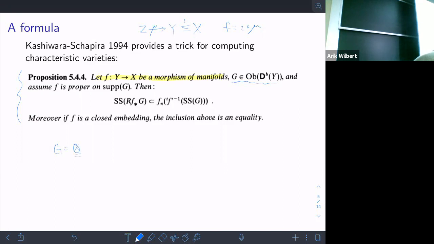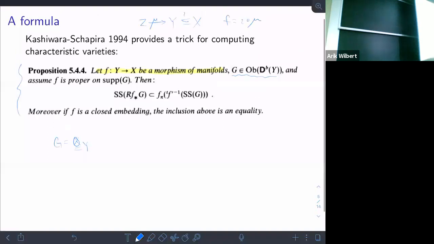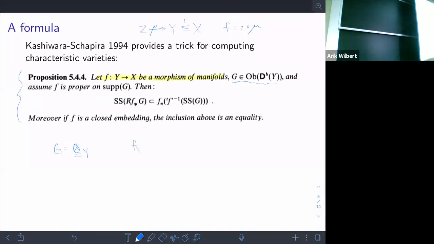That's going to be this notation on Y. The basic fact for small resolutions is that if you push forward the constant sheaf along the small resolution, we saw this fact come up last week, then you get the intersection cohomology on the image of Y, and then you extend it by zero and all of that.